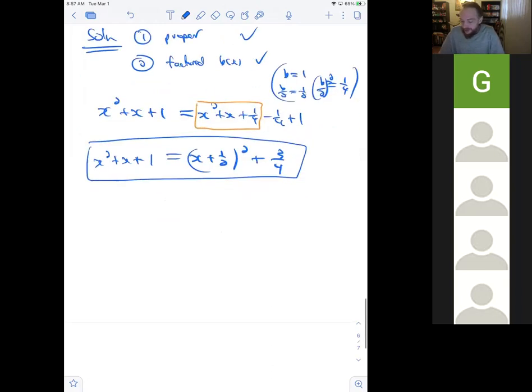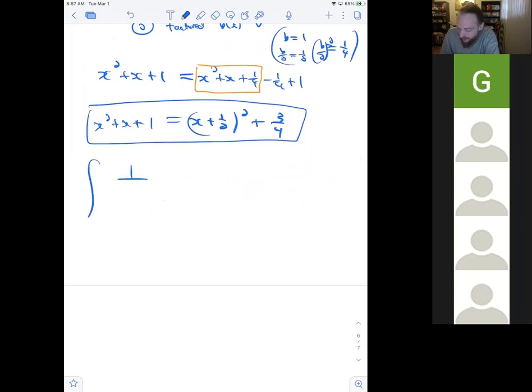That is the moral of the story. So this integral 1 over x squared plus x plus 1 dx is equal to the integral of 1 over x plus 1/2 squared plus 3 over 4 dx.